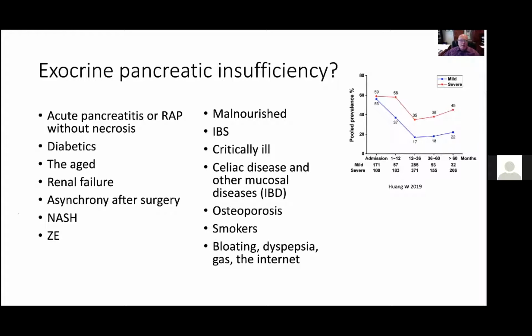And you can see that even in patients with mild pancreatitis, there is a significant long-term risk of exocrine insufficiency. And there are others that are listed on the slide. Diabetics are certainly an area of interest, as are folks at the extremes of age who may develop features of exocrine insufficiency.